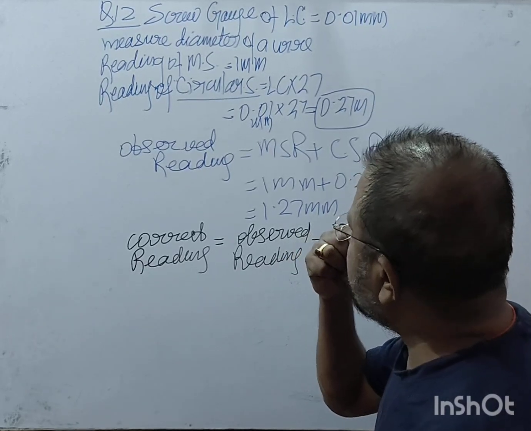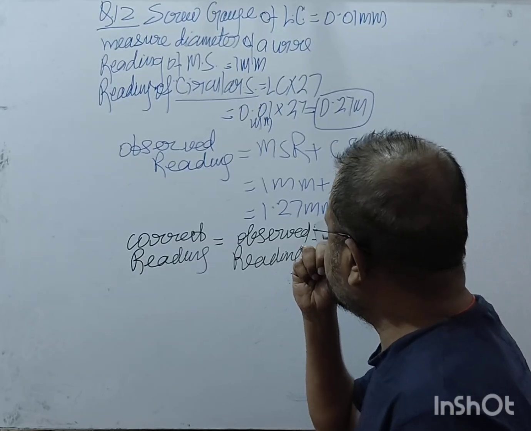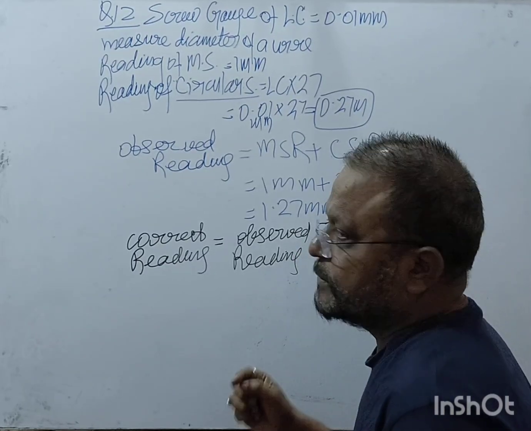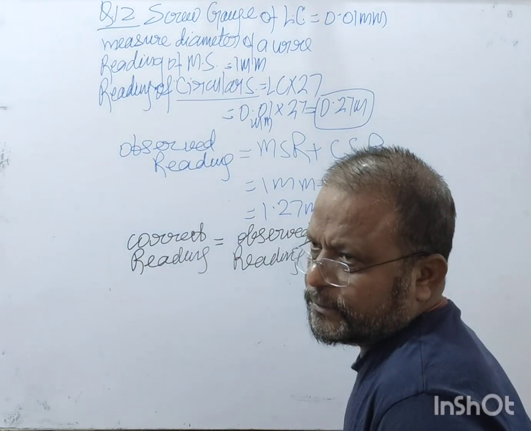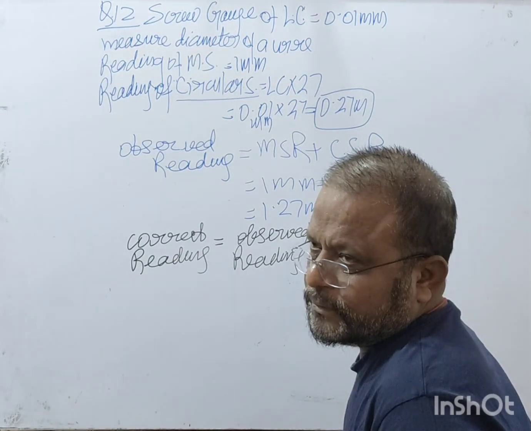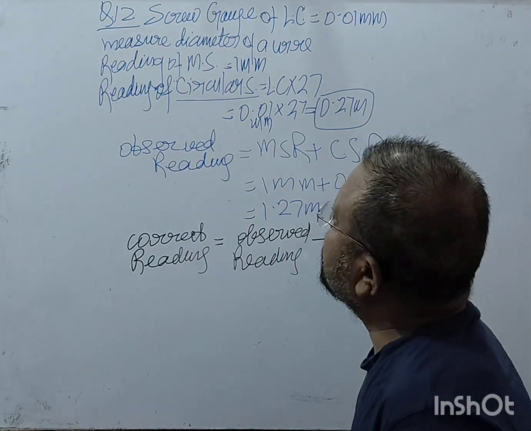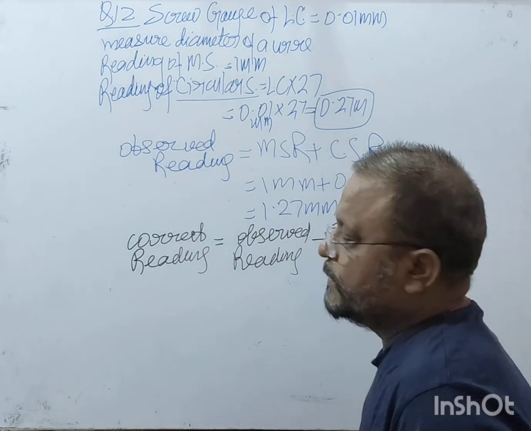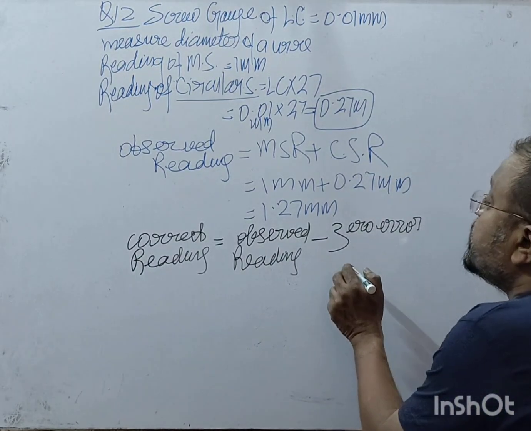So what was the zero error given? The zero error is plus 0.005 centimeter.